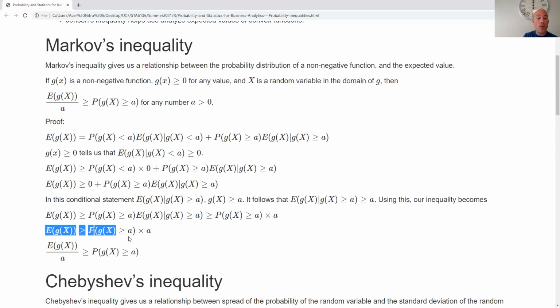Boom, I'm focusing on these two. So now we know that the expected value of G is greater than or equal to this probability times A. Now I'm going to divide both sides by A. Boom, we got Markov's inequality. Now remember that this has to be an expected value of a non-negative function.